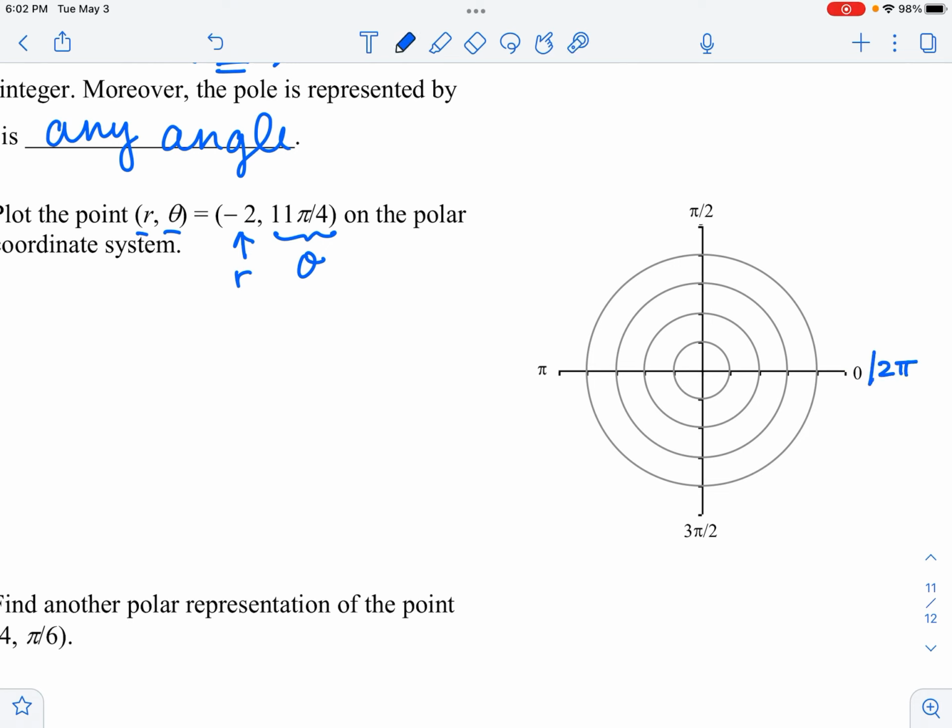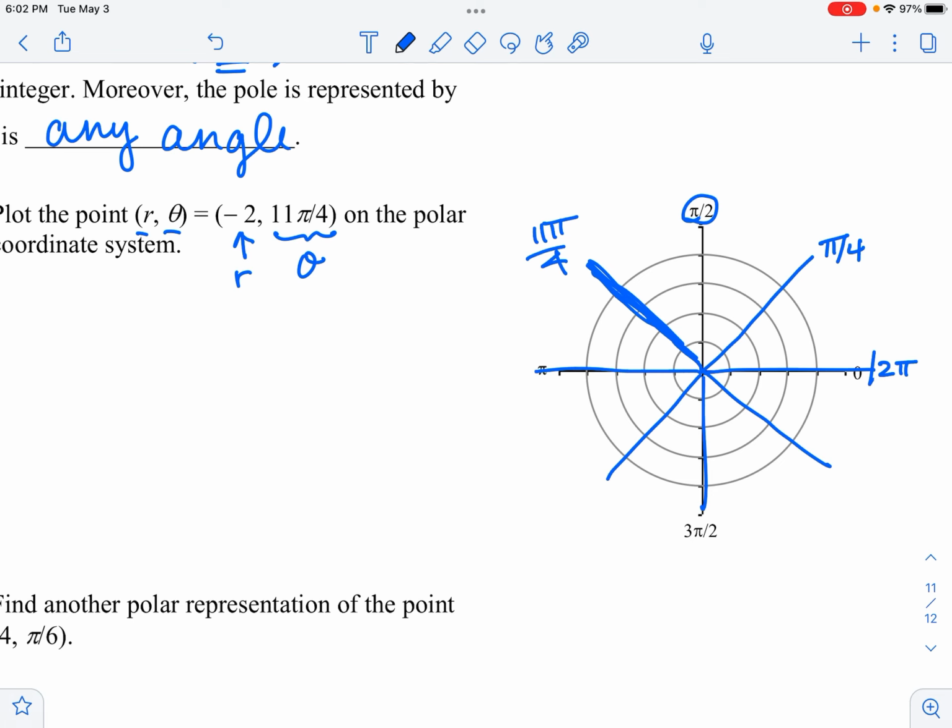So if I want to look for 11 pi over 4, I'm going to kind of visually cut this. This is pi over 4. Here's 2 pi over 4, 3 pi over 4, 4 pi over 4, 5 pi over 4, 6 pi over 4, 7 pi over 4, 8 pi over 4, and then we go back to another 9 pi over 4, 10 pi over 4. Here's 11 pi over 4. It's right along this line.